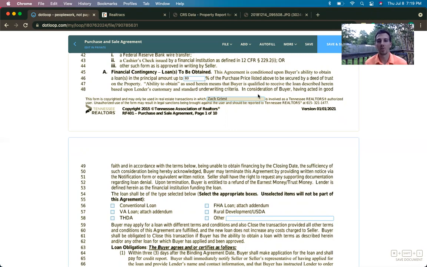They're saying this contract is contingent upon me being able to get a loan. If I can't, I can cancel this contract and get my earnest money back. But if the buyer goes out and, let's say, buys a new Lamborghini or a Ferrari, and all of a sudden they don't qualify for this loan, that's not acting in good faith, and they can't cancel the contract because they went and bought a Lamborghini and messed up their financing. So just remember, buyers acting in good faith.